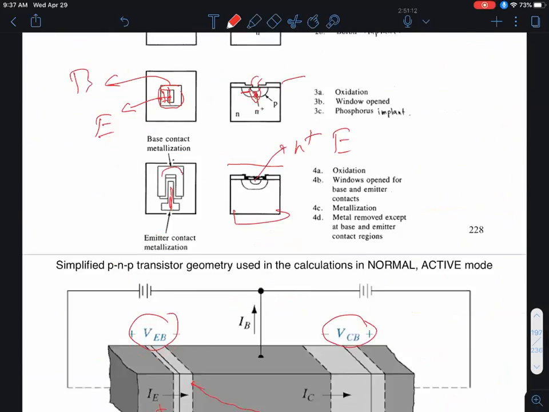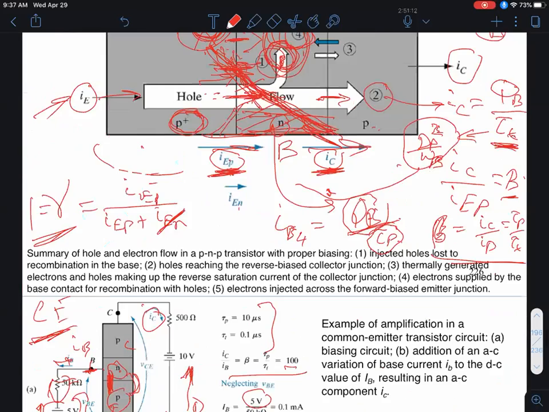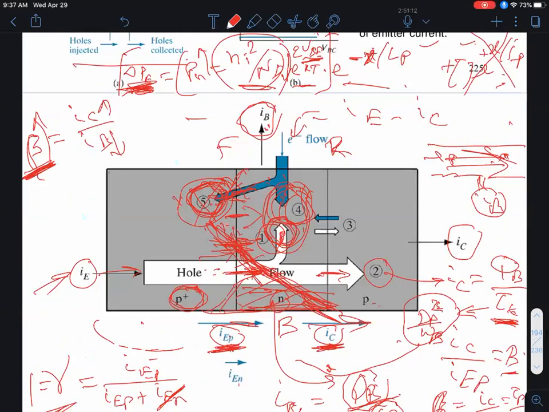Let's go back to our master figure. So if I calculate IEP minus IC, that takes care of the recombination losses, right? So which part of the base current does that correspond to?